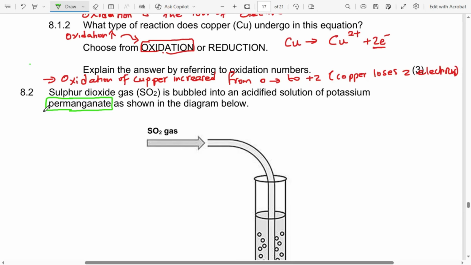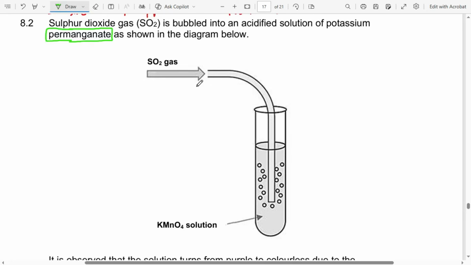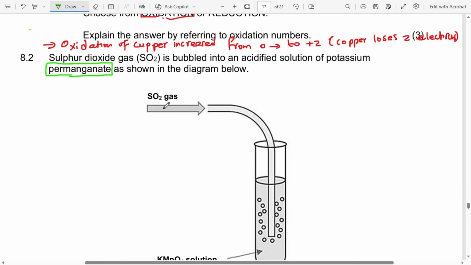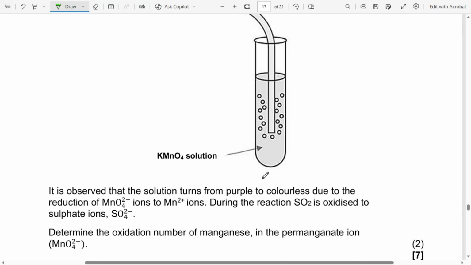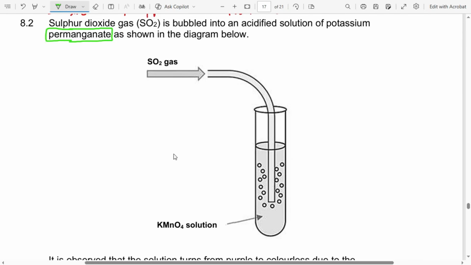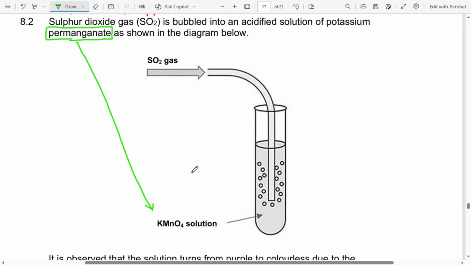We can see SO2, sulfur dioxide gas, going inside, and this is the solution inside. This is potassium permanganate, and the formula is KMnO4.